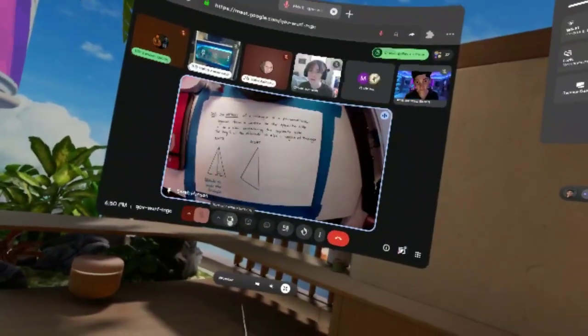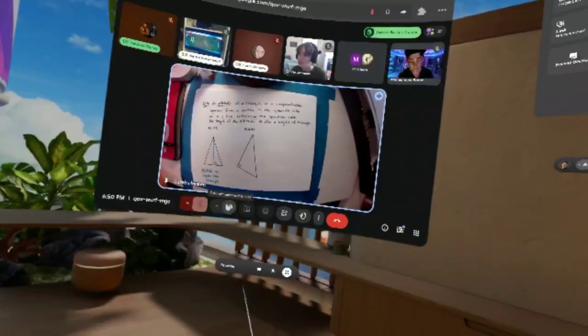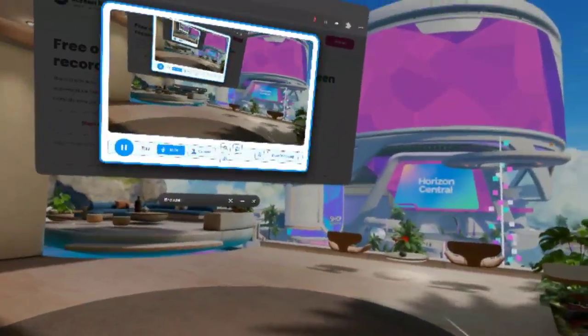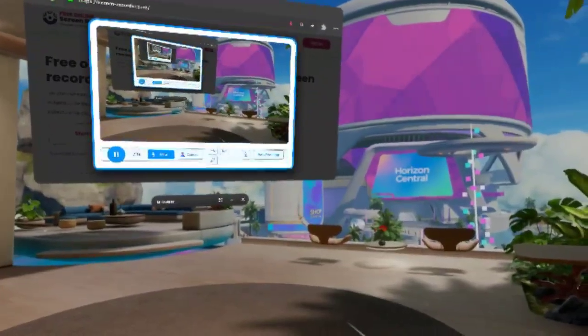Now for a right triangle, where we have a right angle already present, the altitude is one of the sides of the triangle.